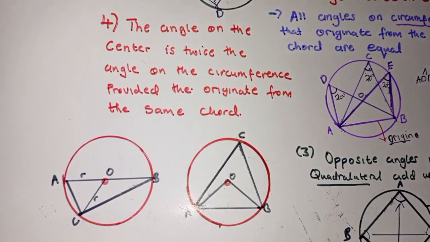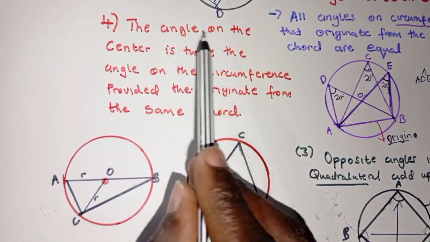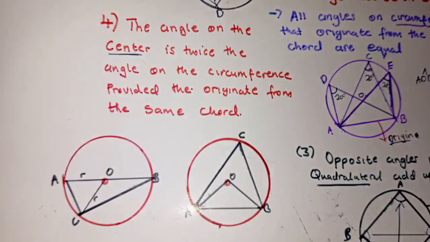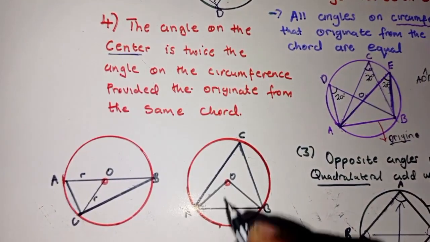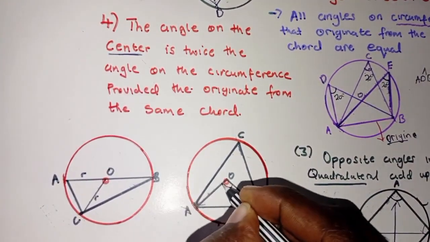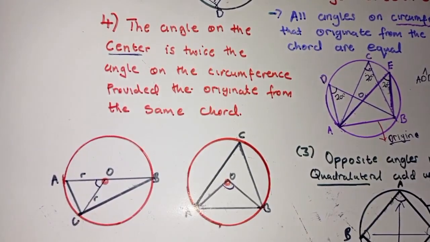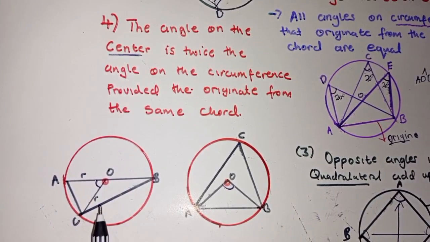Now what are we saying here? Let's go to the property again: the angle on the center. This is the angle on the center, and this is the angle on the center. If you notice, this and this are not different.